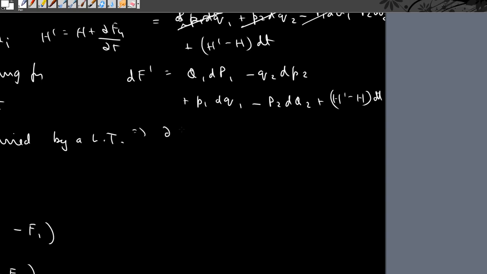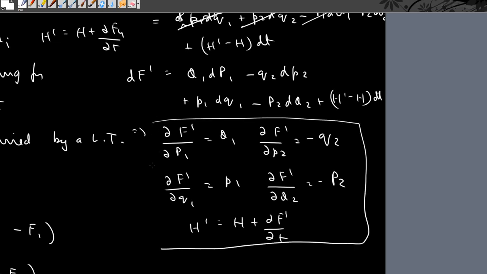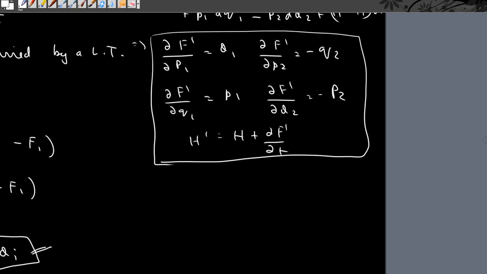So this implies that dou f dash by dou p1 equal to q1, dou f dash by dou p2 equal to minus q2, dou f dash by dou q1 equal to p1, dou f dash by dou q2 equal to minus p2, and h dash equal to h plus dou f dash by dou t. Again, from these relations and doing the mathematical algebra, we can come up with the required canonical transformation equations.